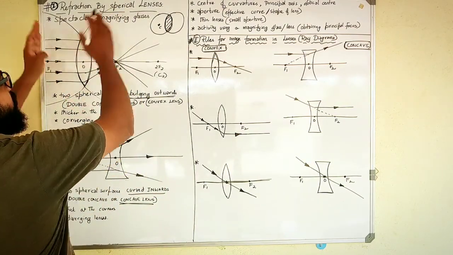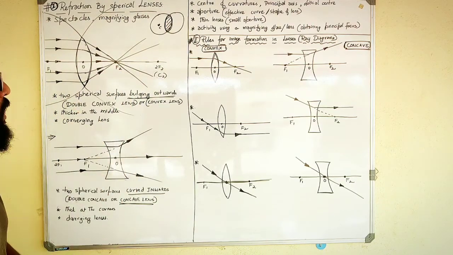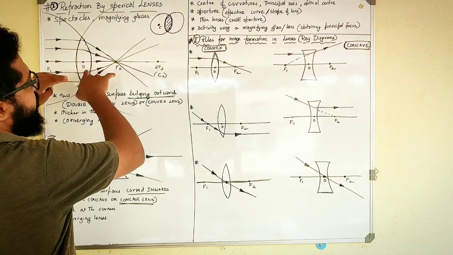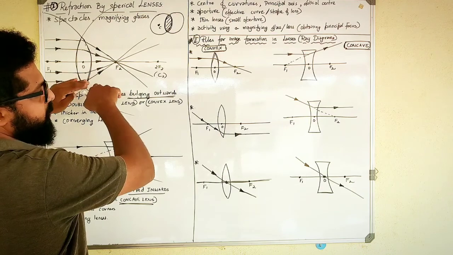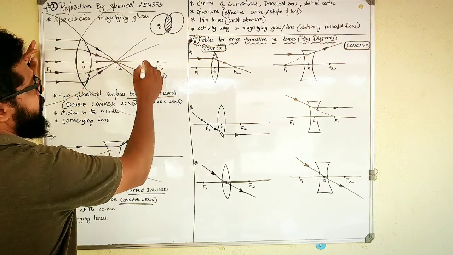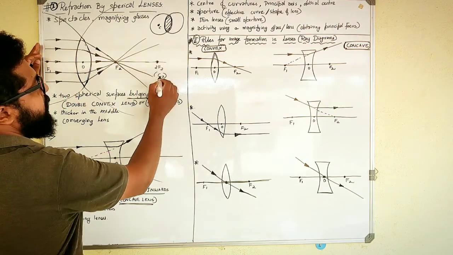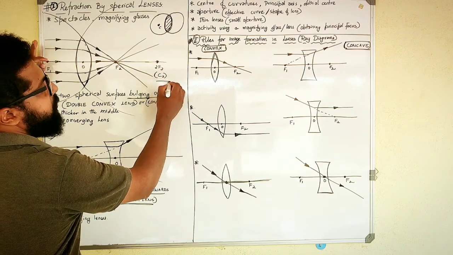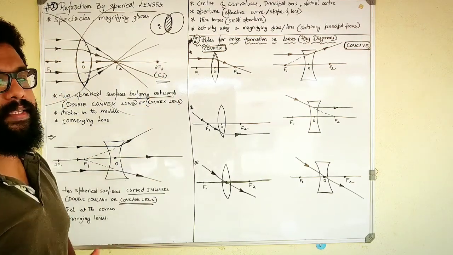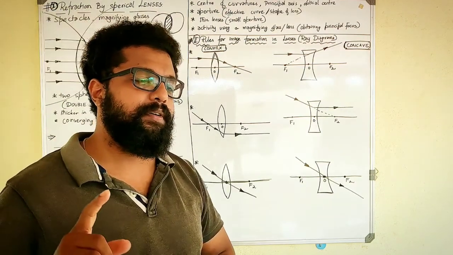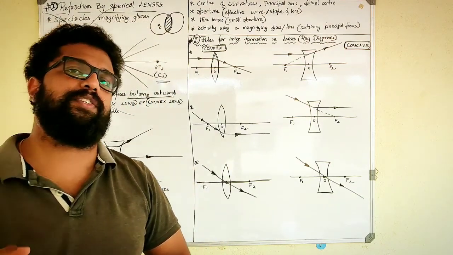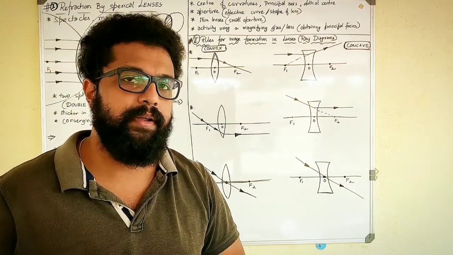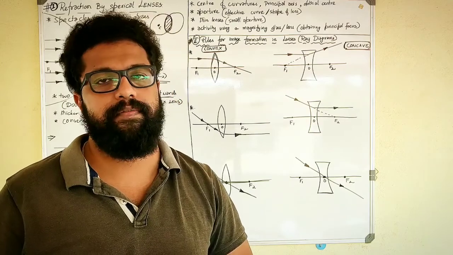Okay, something like this. On both the sides it continues to form, and the radius of that particular sphere, or the center of that particular sphere, you can see this here, is called center of curvature. Okay, this center of the imaginary sphere of which the lens is going to be a part is called center of curvature.